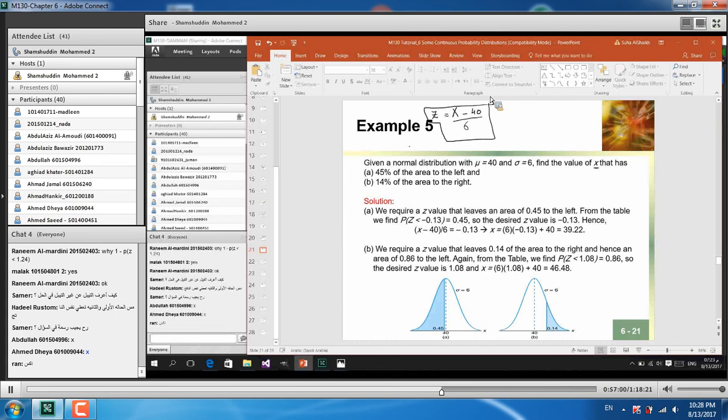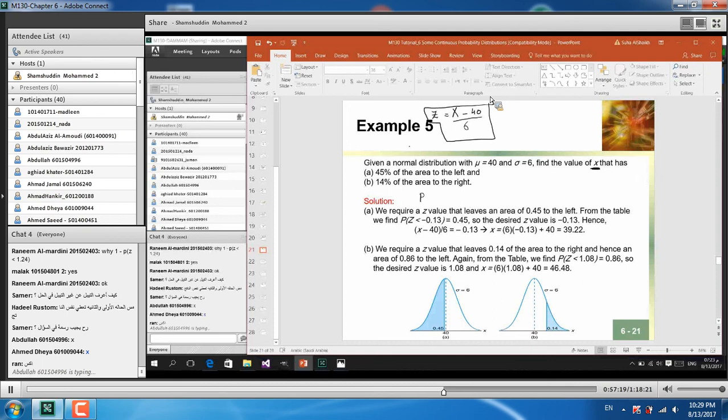Find me the value of x that makes 45% of the area to the left. To the left of z is the thing that I can find.